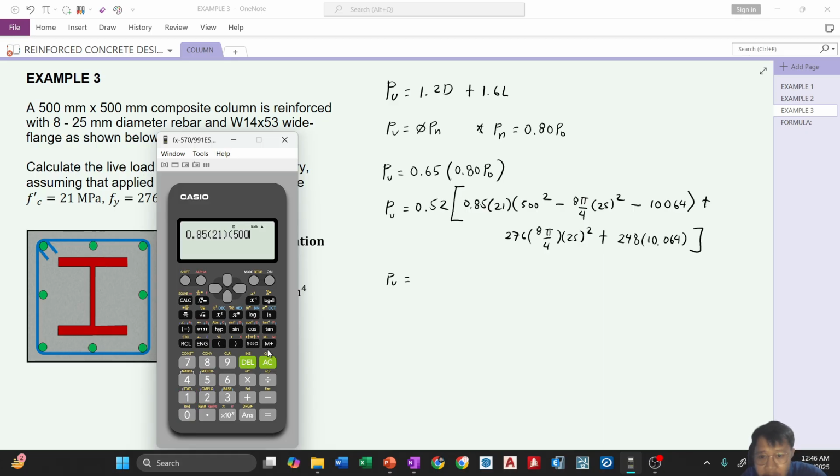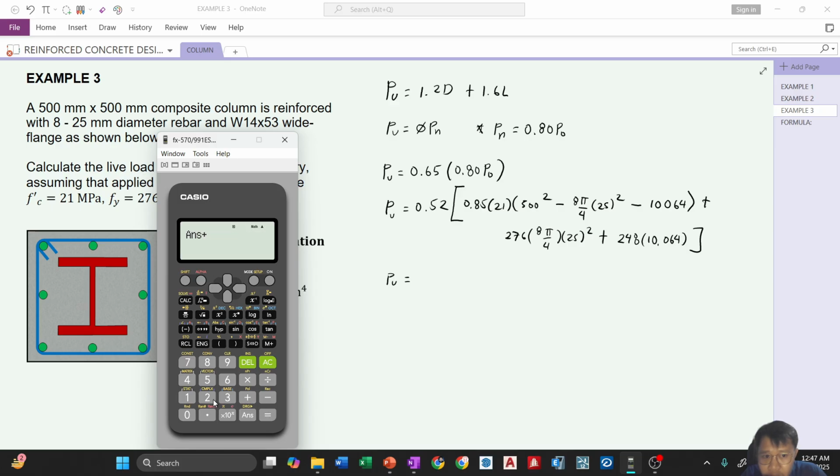This is 500 square minus 8 pi over 4 or magiging 2 pi na lang ito, 2 pi 25 square, minus 10,064. Okay, so this is for the concrete, plus Fy natin times 2 pi 25 square, for the rebar.